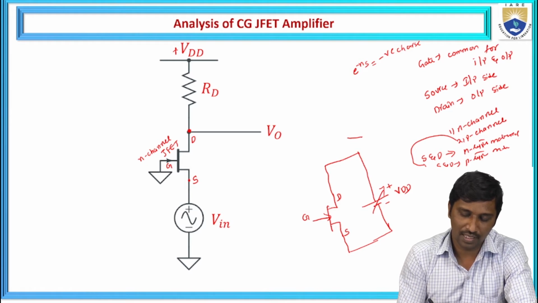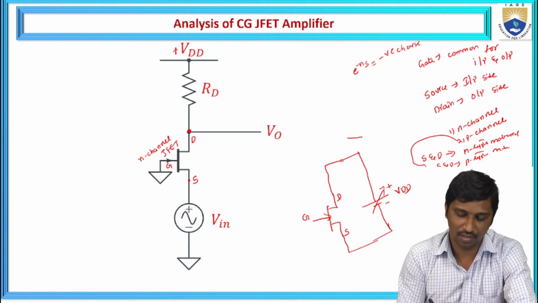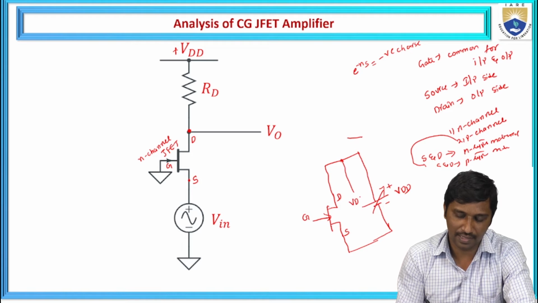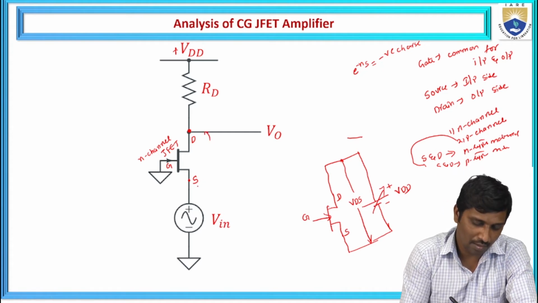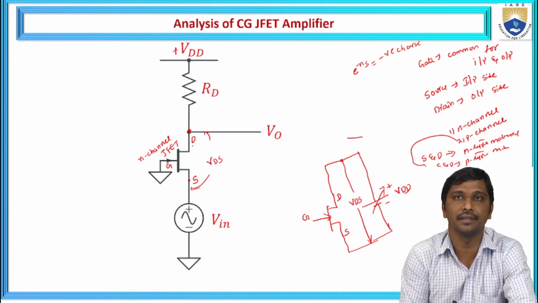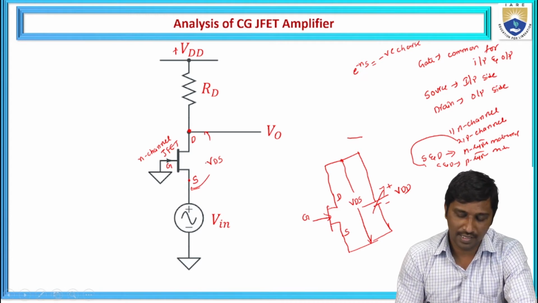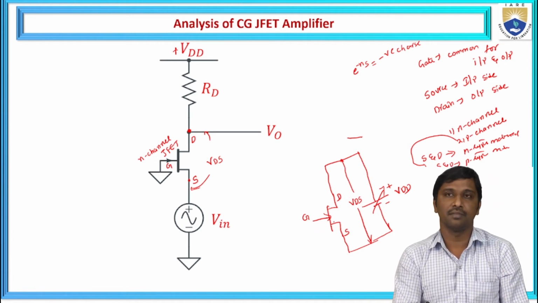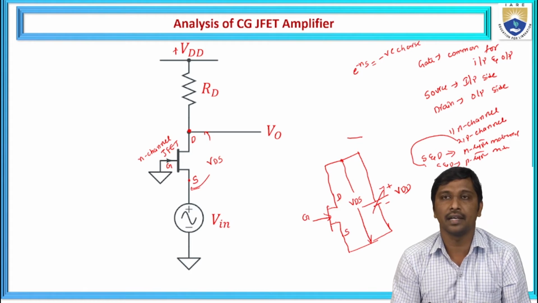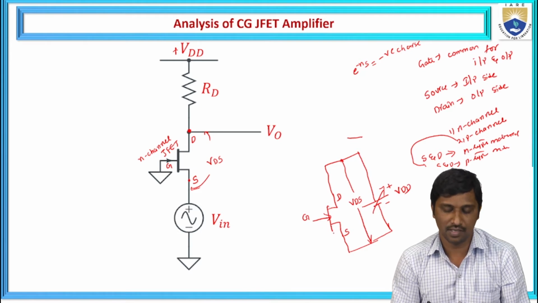While applying this biasing energy, we need to identify the potential difference between the two terminals, the drain and the source, which is represented as VDS. Here I measure the potential difference between the drain and the source, that is VDS. Similarly, to control the flow of drain current, another biasing voltage is required between the gate and the source.